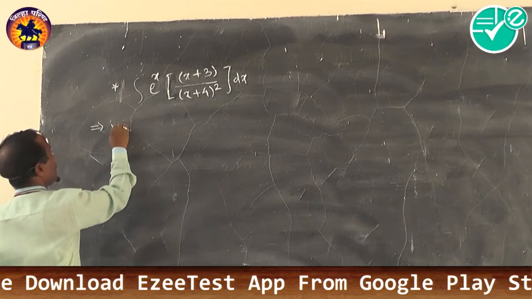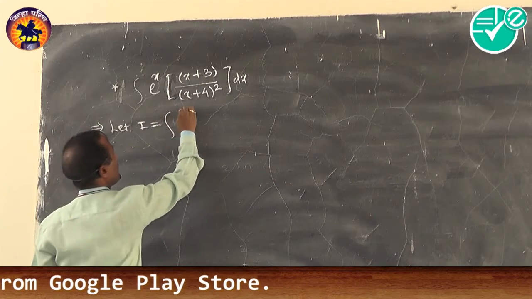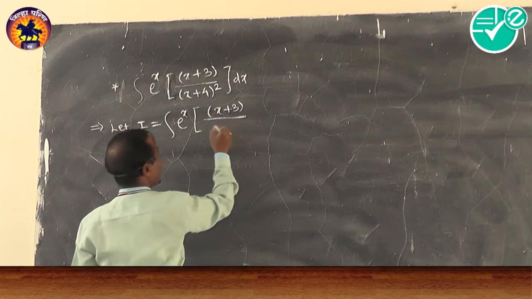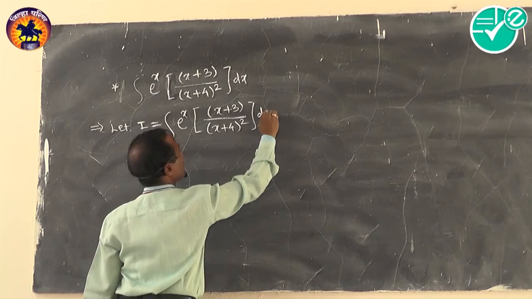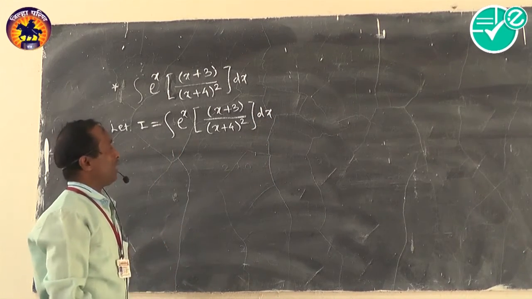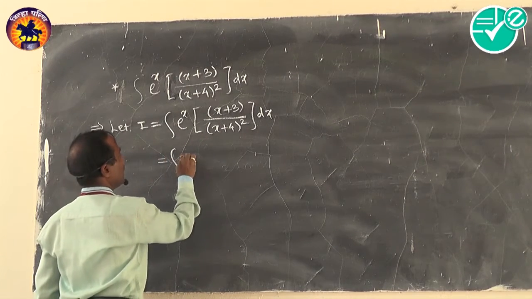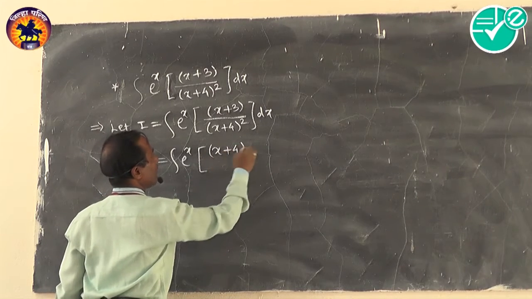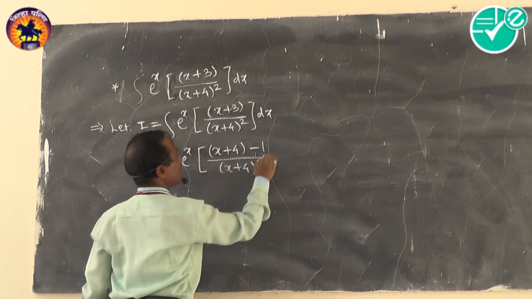Let I be equal to integral of e to the power x into (x plus 3) divide by (x plus 4) whole square dx. Now the denominator contains x plus 4 and the numerator contains x plus 3. Then add 1 and subtract 1. We get e raised to x into (x plus 4 minus 1) divide by (x plus 4) whole square dx.